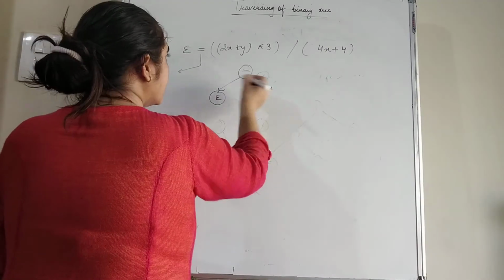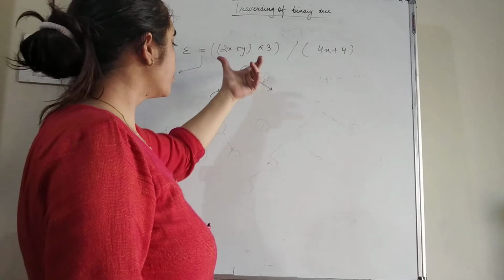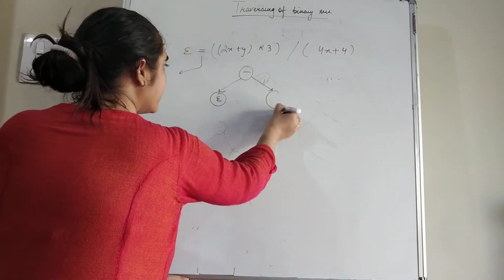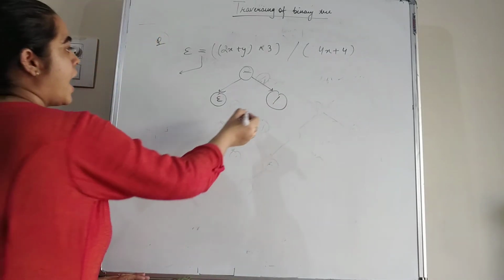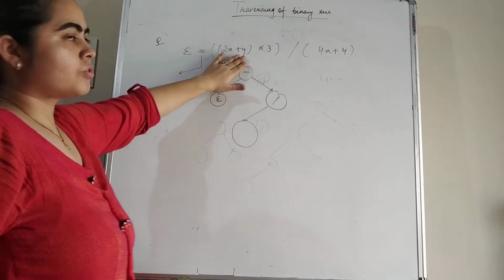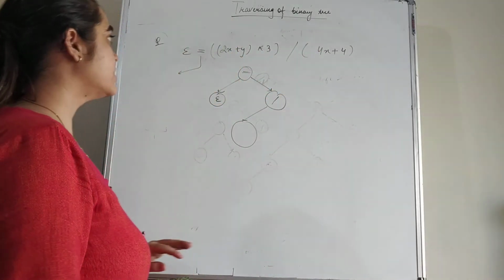Further, this expression is divided into two expressions. One is this and second one is this. In between you use the division symbol, and on the left side you draw this expression, and on the right side you draw this expression.